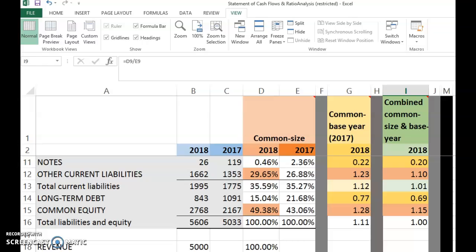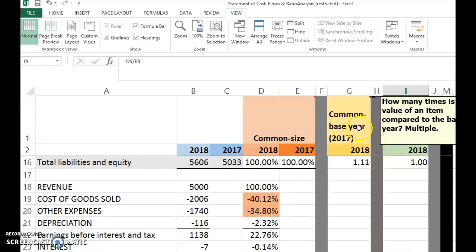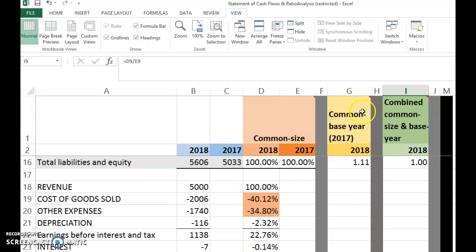All right. The other thing that should have been mentioned at the end of the last clip is that you can also do common base year for the income statement. But since the income statement item values are not given for the base year, which is 2017, you cannot do that for this particular example, because the information is not available.